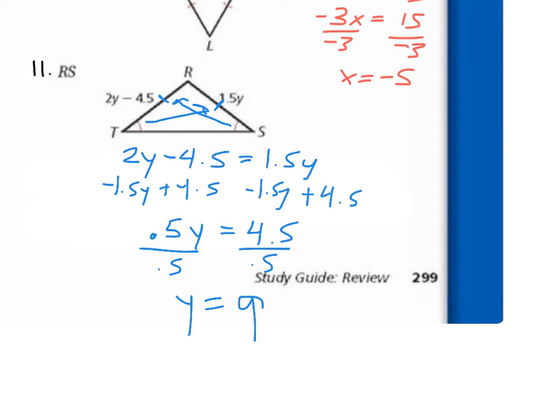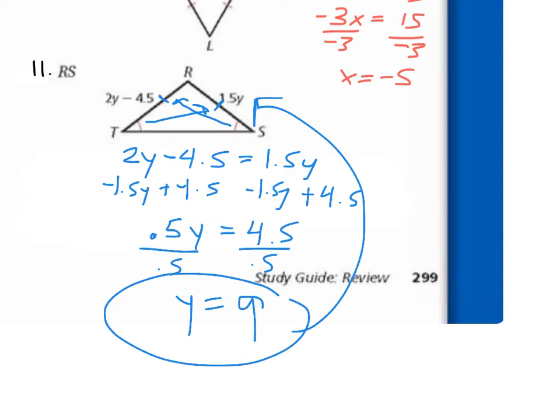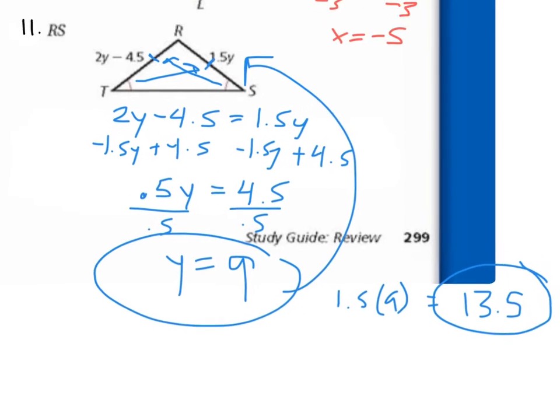Is that our answer? No, what do we need to do? So we plug it into RS. So now we have 1.5 times 9, which is equal to 13.5. So that's our answer for RS. RS is equal to 13.5.